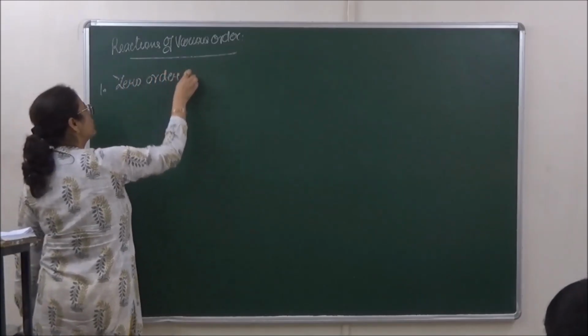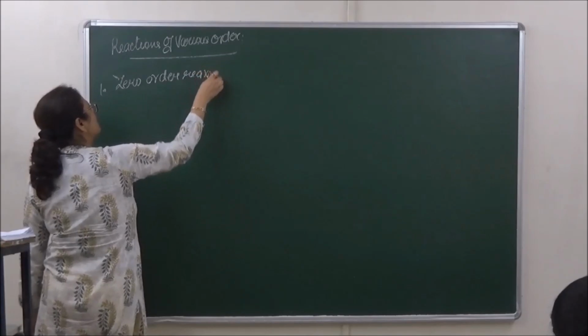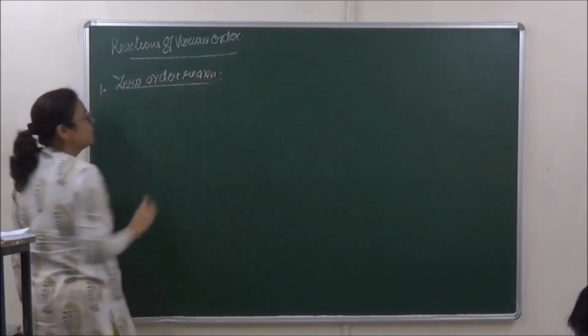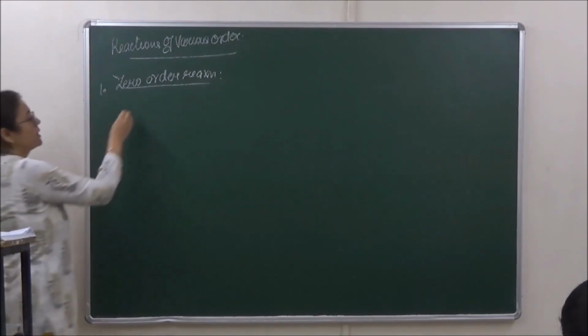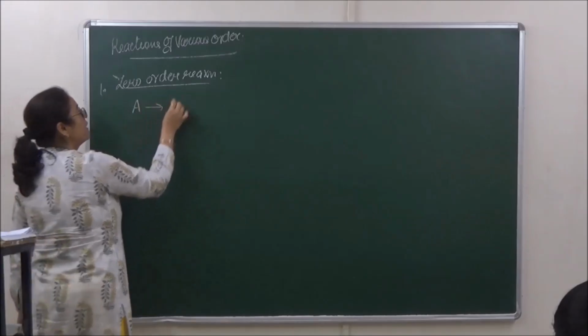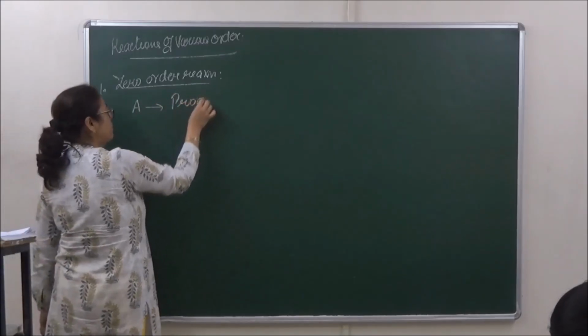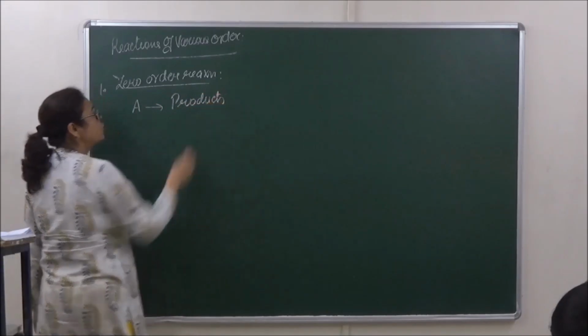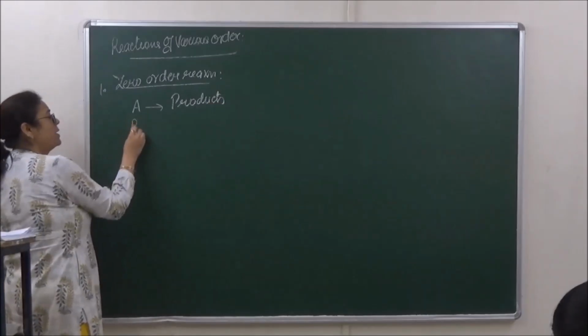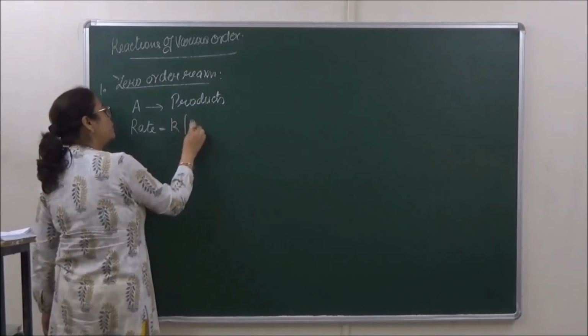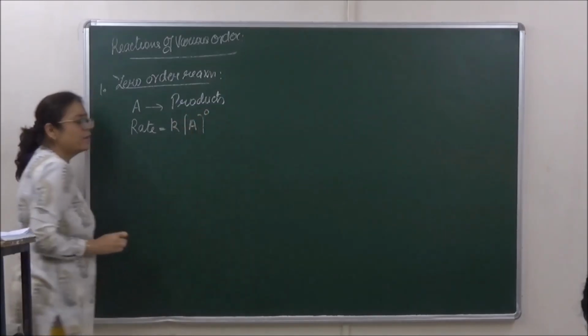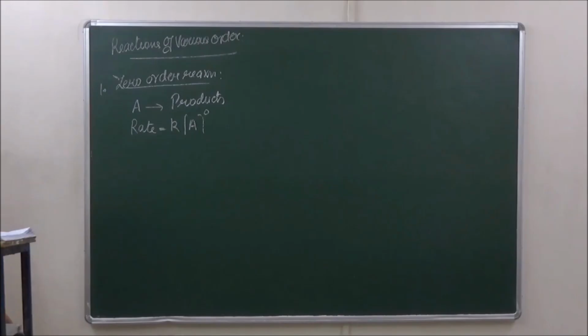Zero order reaction means that the rate is independent of the concentration of the reactant, which means that rate does not depend upon the concentration of the reactants. For example, if we have this reaction A gives products, zero order reaction means that rate is equal to K into concentration of A raised to power naught.